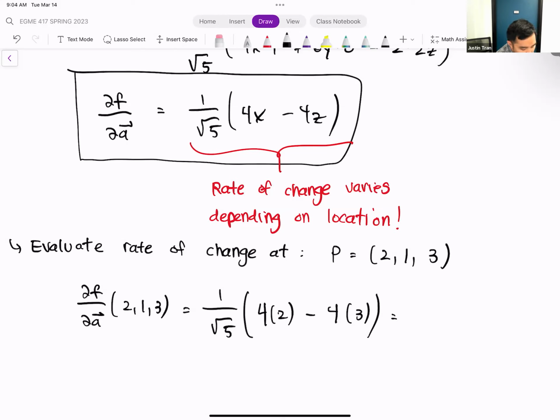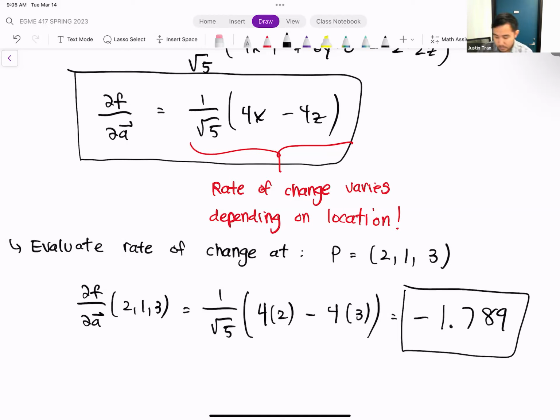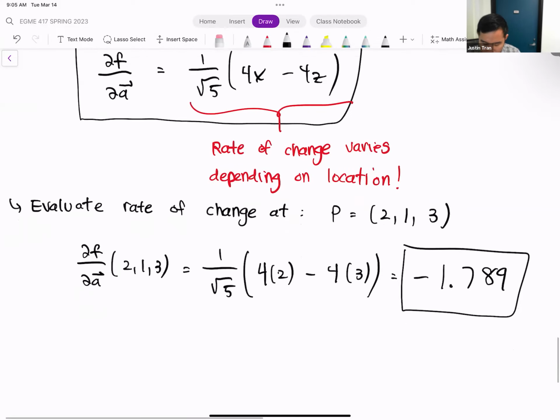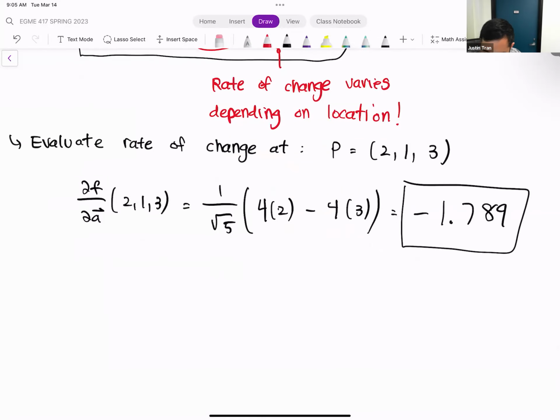All right, and with the root 5 underneath, we end up with a nasty number here. If we plug this into a calculator, we end up with about minus 1.789. All right, so we get a number here.